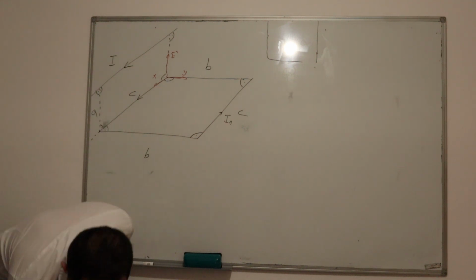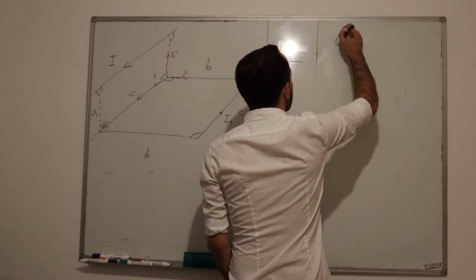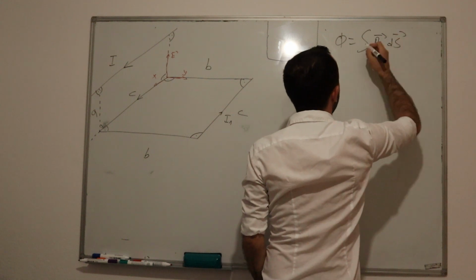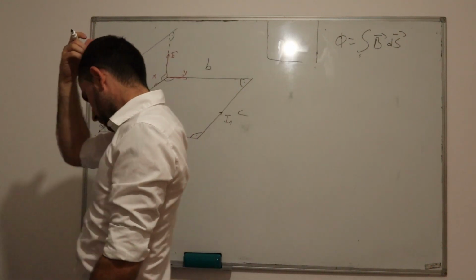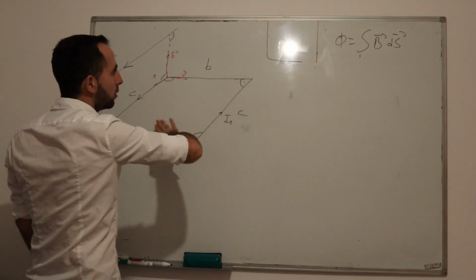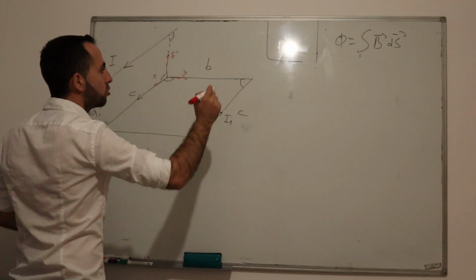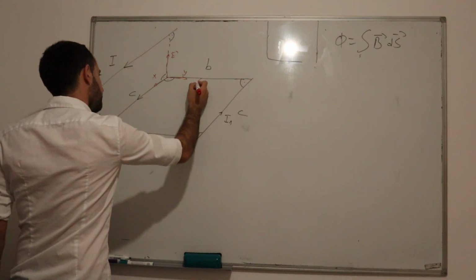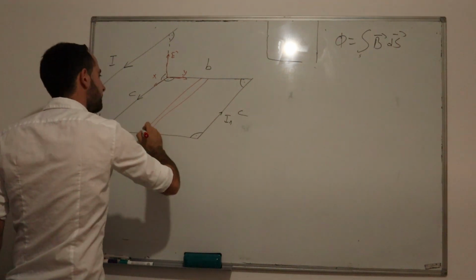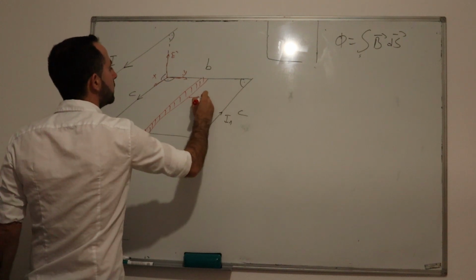So we need to calculate a flux. How do we calculate a flux? We know that the flux is B times ds. So we need to calculate the flux for this contour. In order to do that, we will first draw some ds, an infinitely small surface.